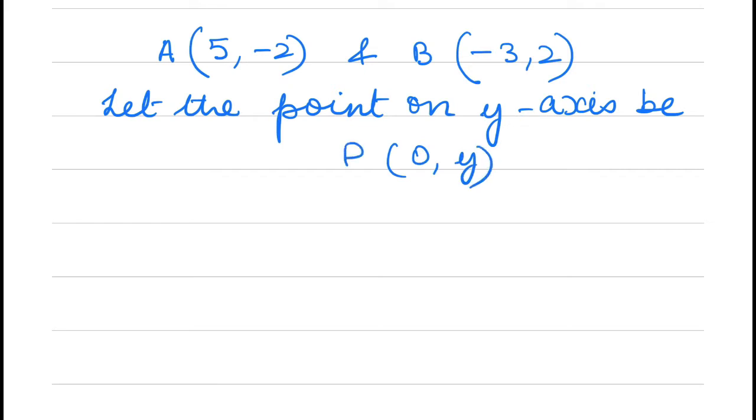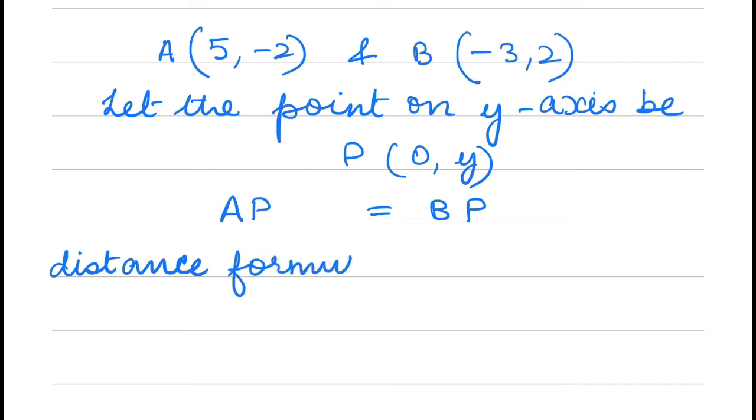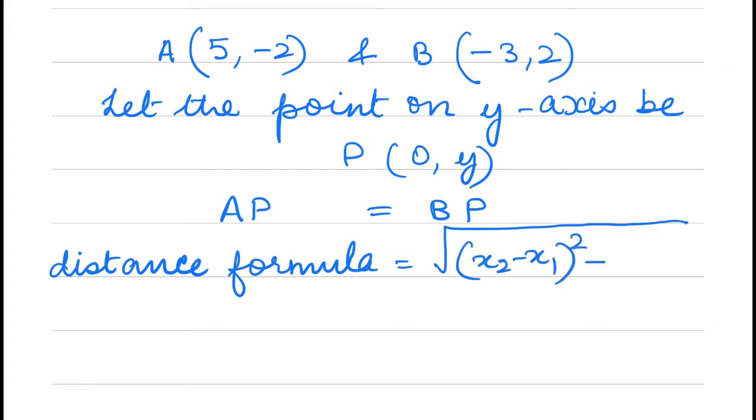We are given that this point is equidistant from A and B, so we can say AP is equal to BP. We are going to use the distance formula, which is square root of (x2 minus x1) whole square plus (y2 minus y1) whole square.